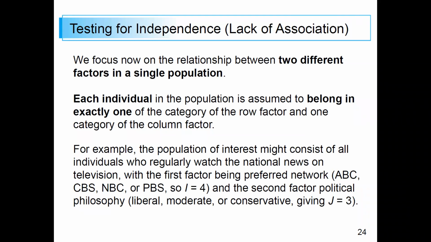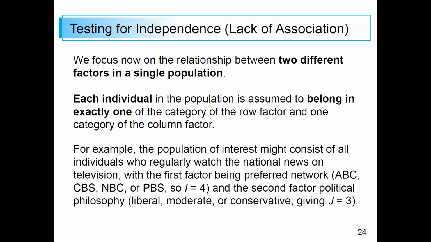For example, we might be considering the people watching national news on TV, and we could use a factor to designate the network. So the network itself is a factor, and then the different networks, ABC, CBS, NBC, or PBS, and so on, are the different levels of the network.